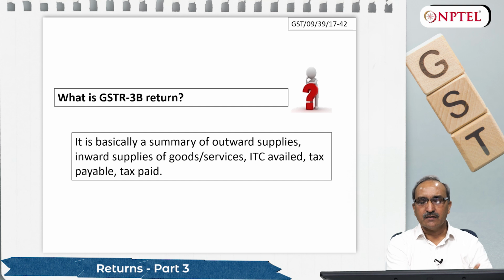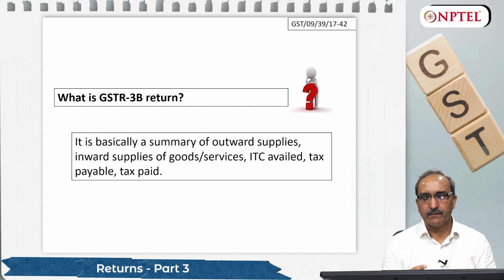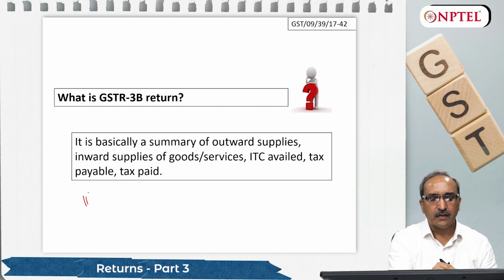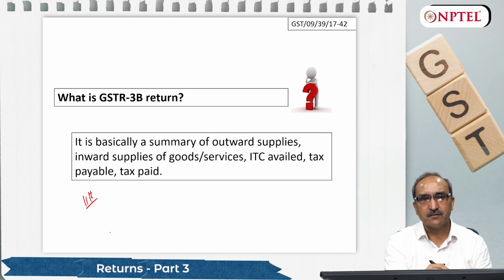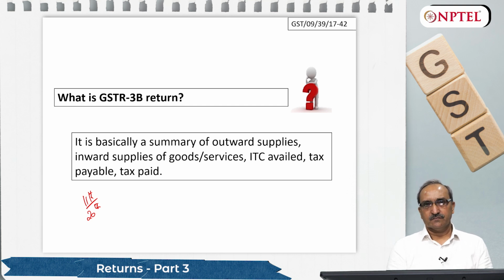So GSTR 1 is supposed to be filed by 11th of the next month, and GSTR 3B is supposed to be filed by 20th of the next month. So if we are talking about July, the July return date for GSTR 1 is 11th of August, and for 3B the date is 20th of August.